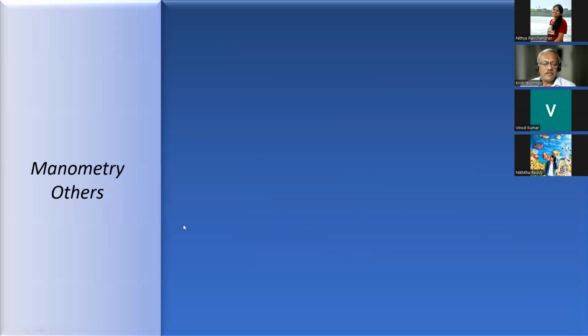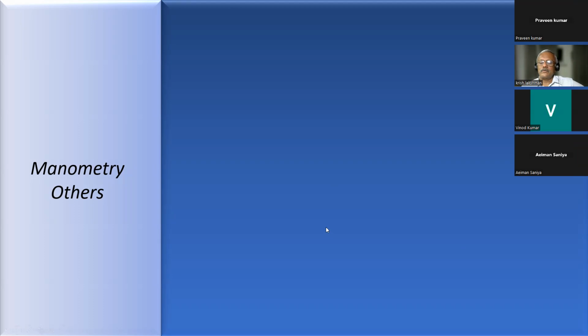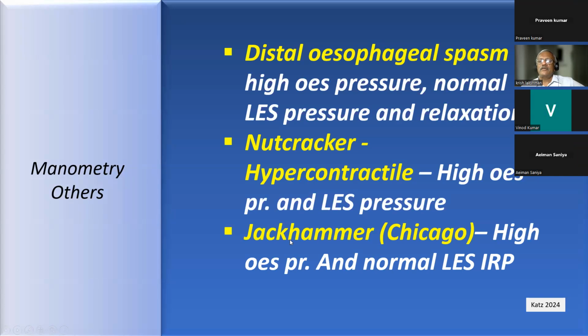In other conditions that we listed higher up, do you remember what the non-achalasia motility disorders of the esophagus are? Diffuse esophageal spasm, nutcracker syndrome. So what would you expect in those? Distal esophageal spasm: high esophageal pressure, but normal LES pressure and relaxation.